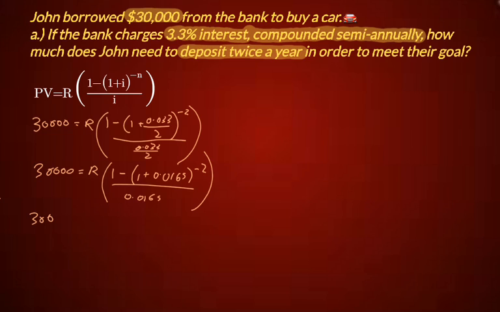So 30,000 equals R times 1 minus 1.0165 raised to negative 2 divided by 0.0165.